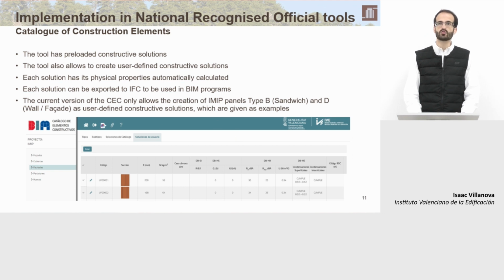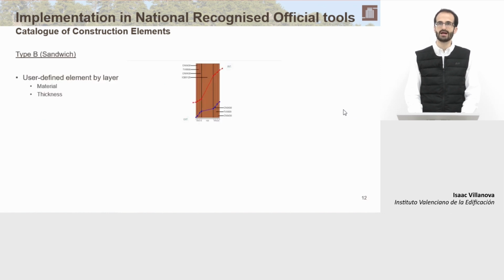Also, each solution can be exported to the IFC format to be used in BIM programs. And the current version of the CEC only allows the creation of IMIP panels type B, sandwich, and D, the wall facade one, as user-defined constructive solution, which are given as examples in this presentation.